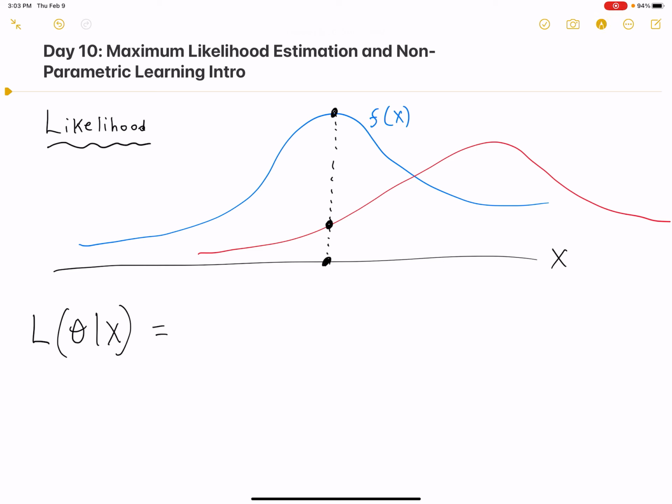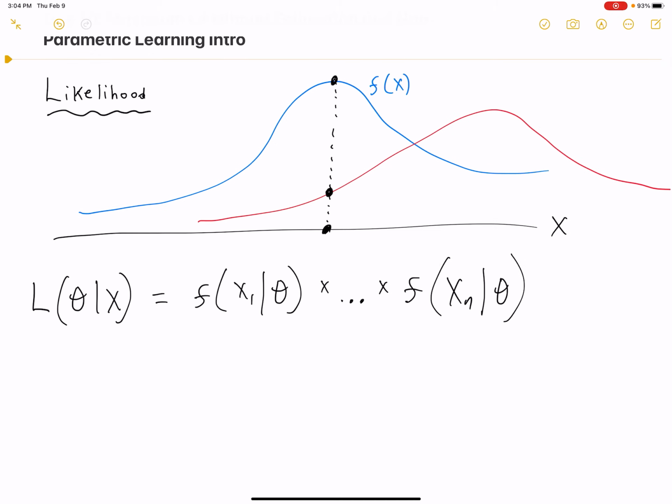That's going to be equal to the PDF value of the first data point given the particular parameter values you're evaluating, times the second one, times all the way up to the final data point. We're using the independence assumption here so that we can just multiply these out. Each data point is independent. It's a common assumption in machine learning.